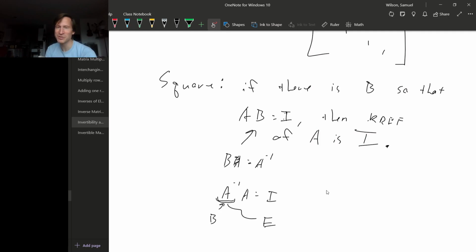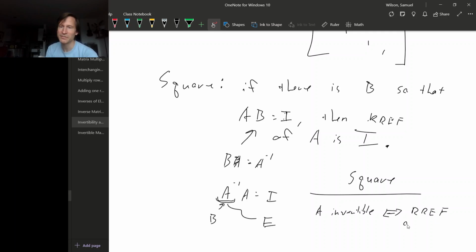So what we've really shown here is that for square matrices, so this is only true for square matrices, A being invertible is the same thing as the reduced row echelon form of A is the identity.